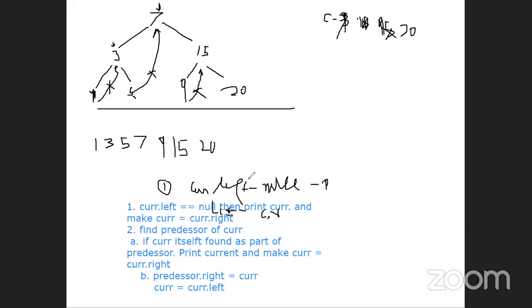We can just store the current pointer, and then see if current is not null, then we have a next element. If this is clear, I can show the code and then we can proceed further. Yeah, go ahead.